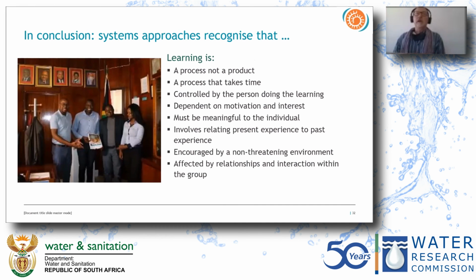So in conclusion then, we need to recognize that systems approaches see various things as important, but probably the most important is the view of learning, because without this, it's unlikely that we'll have a systemic approach or social learning approach materialize.